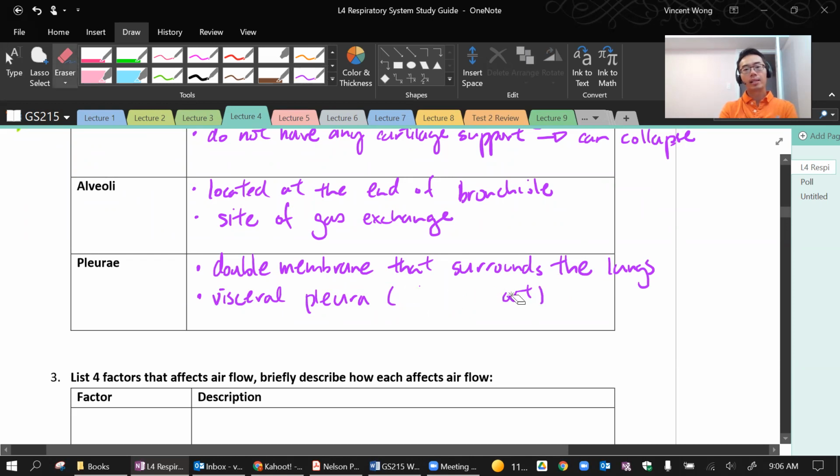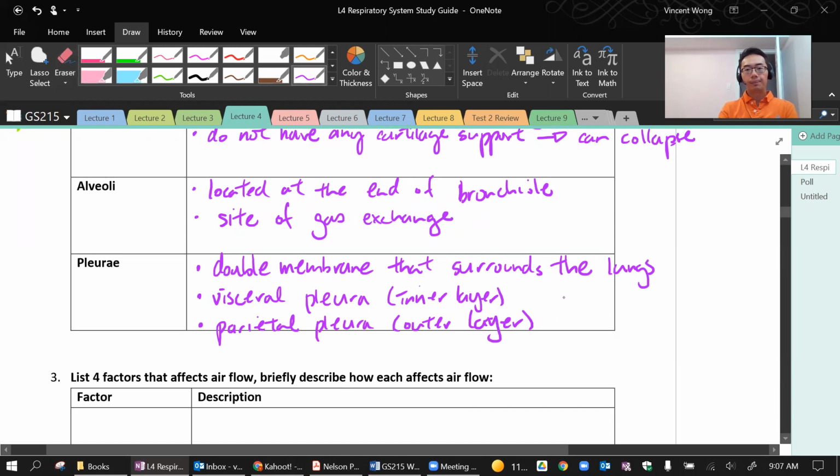Okay, that we can say the inner layer. The one that's touching the lungs. And then we have the parietal pleura, which is the outer layer. Okay, just like the heart, right? Visceral pericardium and parietal pericardium.